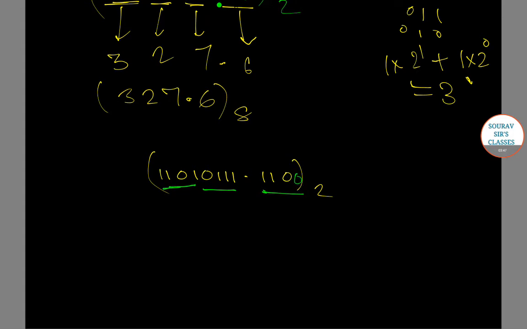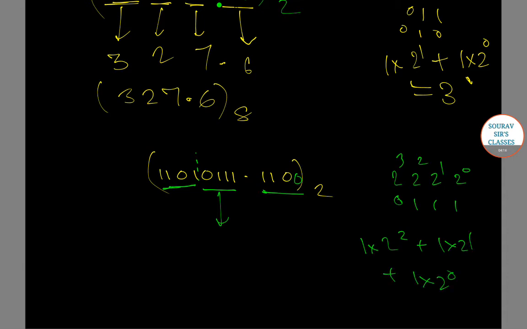Now 2 to the power 0, 2 to the power 1, 2 to the power 2, 2 to the power 3, these are the place values or the weights given to these digits. For the first case, the block 0111, the value will be 1 into 2 to the power 2 plus 1 into 2 to the power 1 plus 1 into 2 to the power 0.